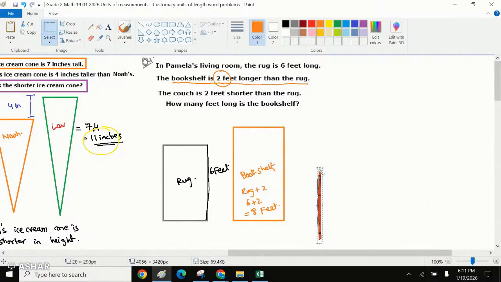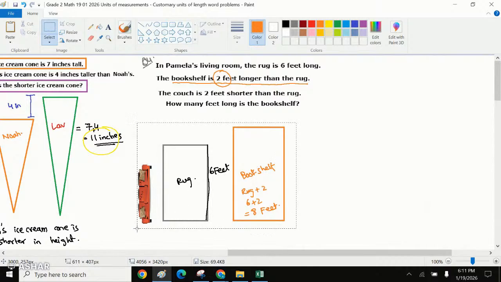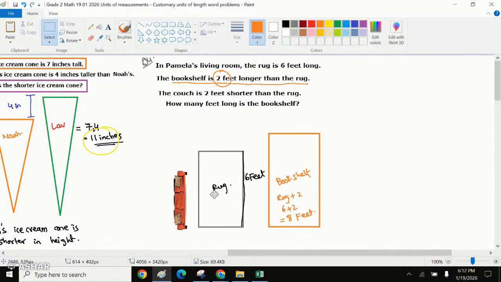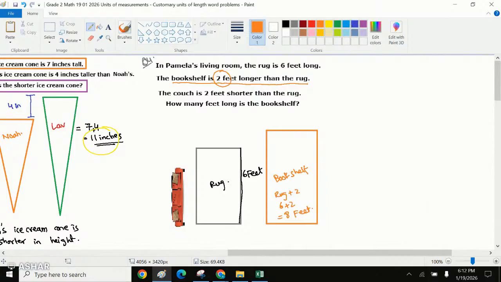So can we say if this is the given couch, the length of the couch should be 2 feet less than the rug? Agreed? The rug was 6 feet. The couch should be 6 minus 2. The couch should be 4 feet. Agreed?